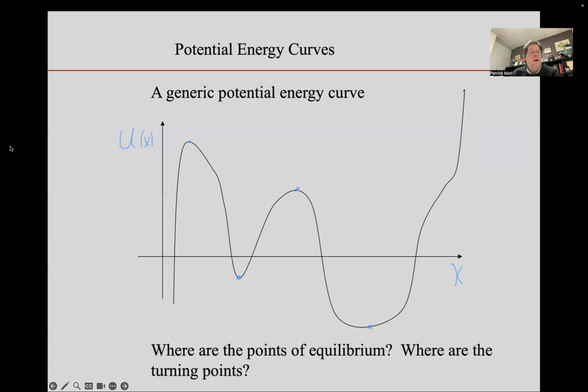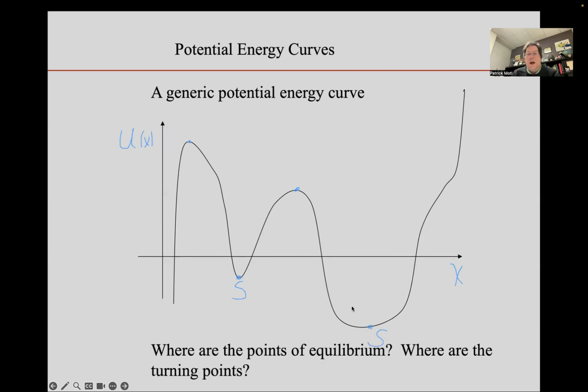All right, so out of those, which ones are going to be stable equilibrium and which ones are unstable? Well, if the function is concave up, it's going to be stable. So here's a point of stable equilibrium. That is a point of stable equilibrium for either one of those.